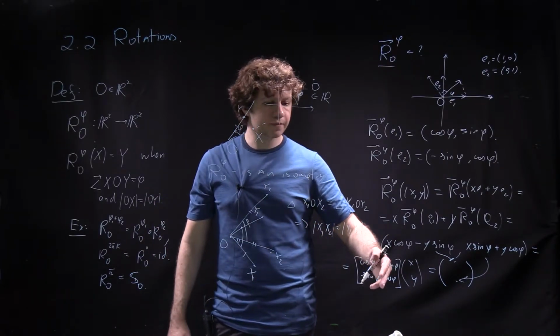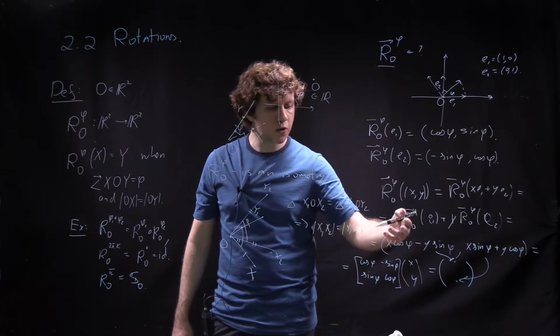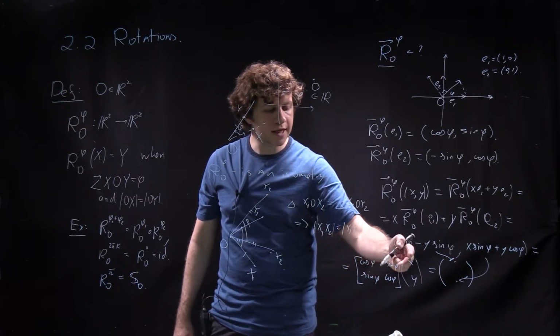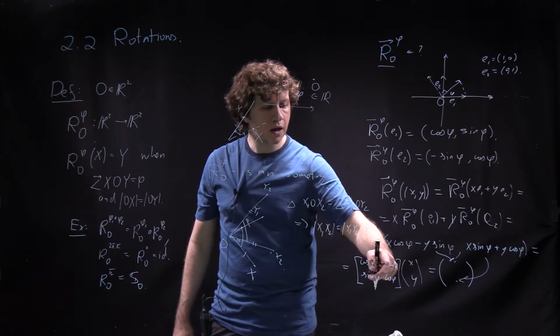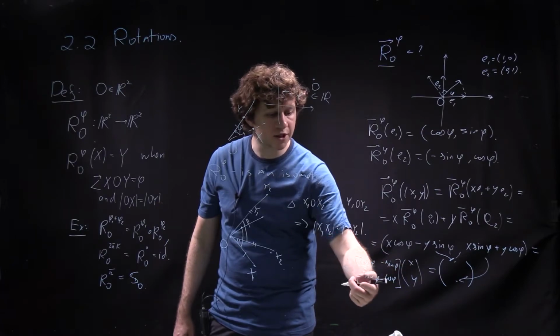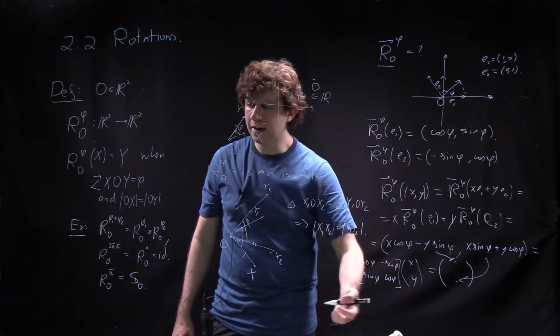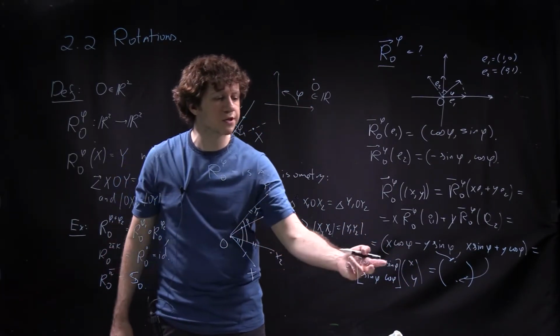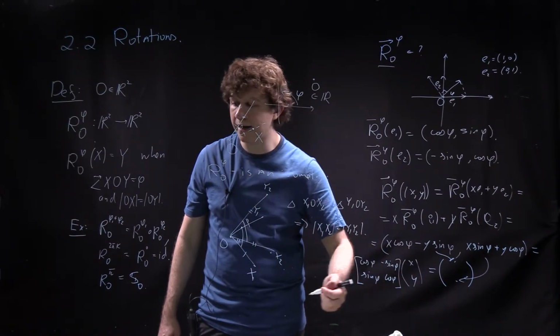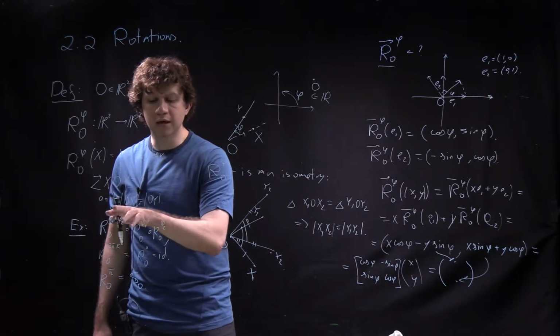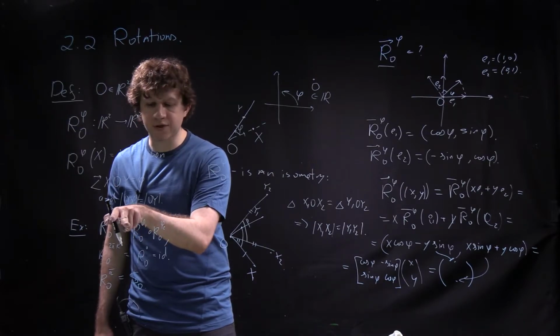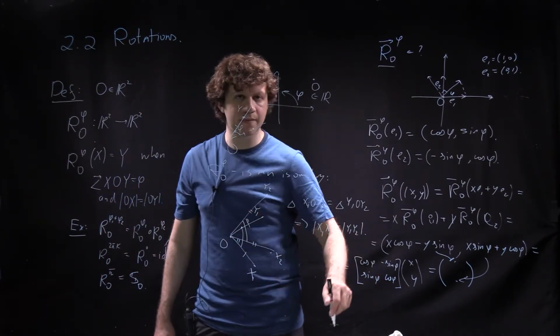This property is something which one can check if one computes a composition of these two rotations. One can easily see that what one needs to do is take the first rotation, which is an application of this matrix multiplied by xy, and then compose it with the second, taking another matrix multiplied with xy, and this should be equal to the matrix for phi1 plus phi2 multiplied by xy.